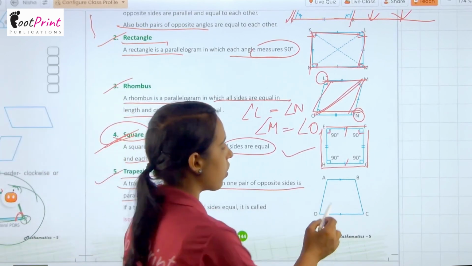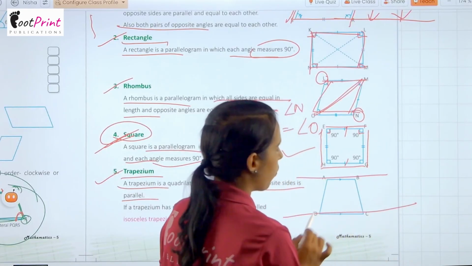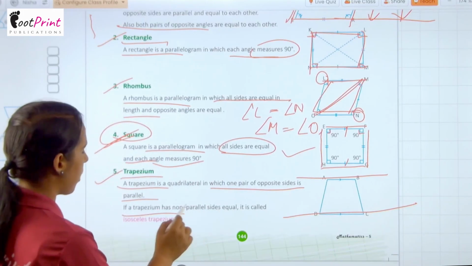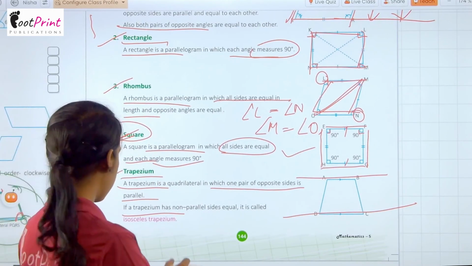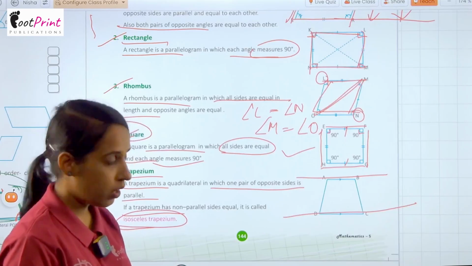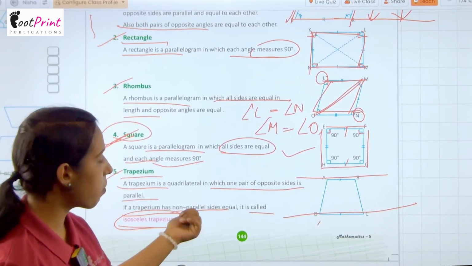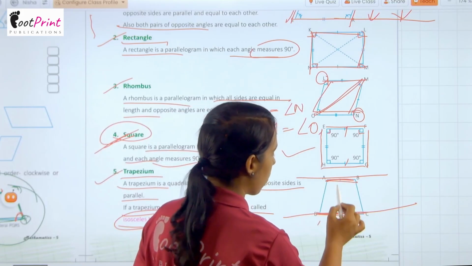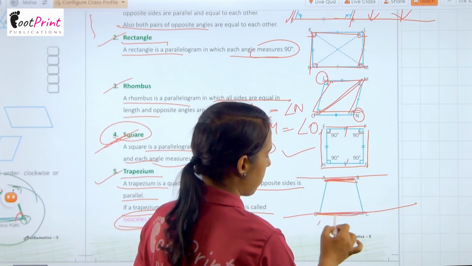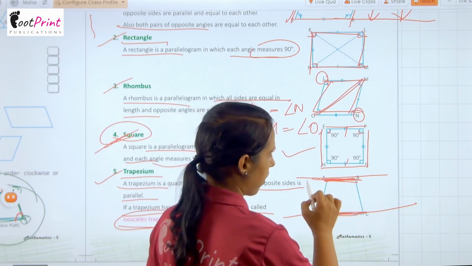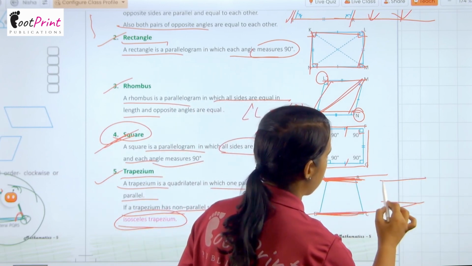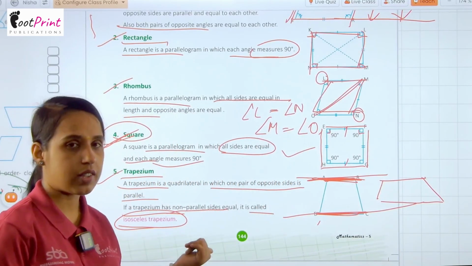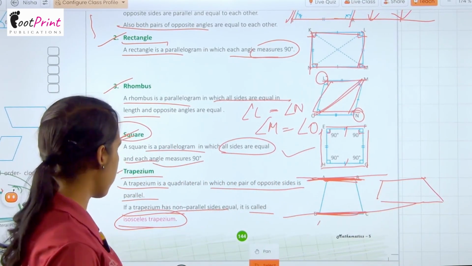So in a trapezium only one pair of sides is parallel. And if a trapezium has non-parallel sides equal, it is called an isosceles trapezium. Here, for example, AB and DC are not equal, but if the non-parallel sides also become equal, for example like this, then we can say that one is an isosceles trapezium. Okay, now moving towards the next one.